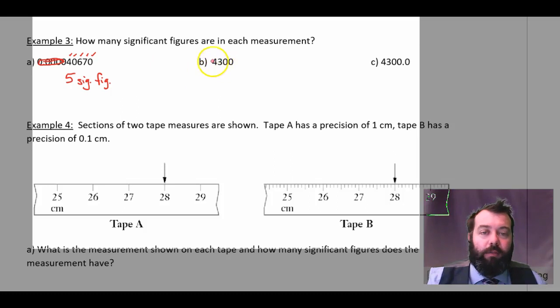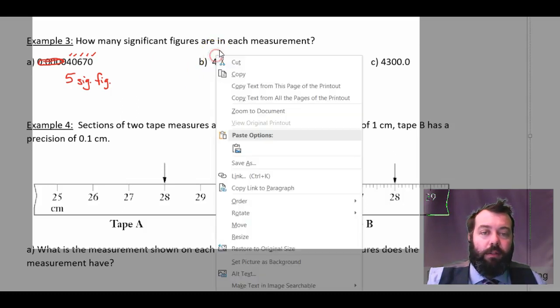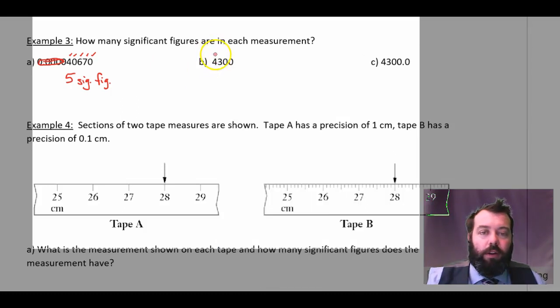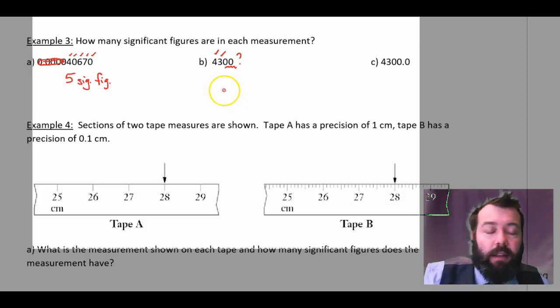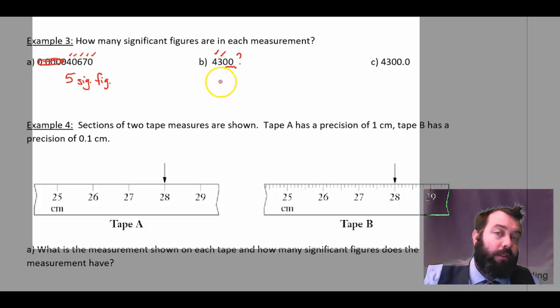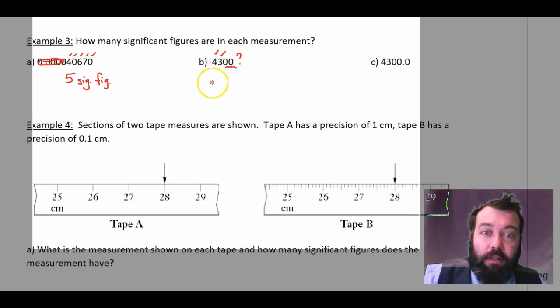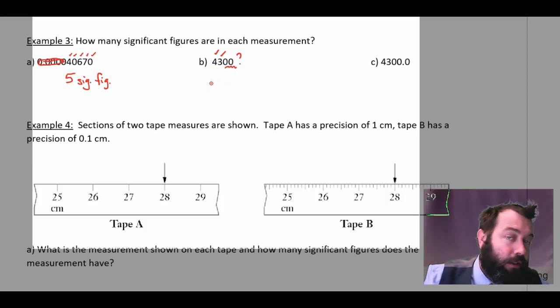Now over here, non-zeros are significant. What about these ones? Well, the thing is we don't know. Has that been rounded off to the nearest whole number? Has it been rounded off to the nearest 10? Nearest 100? Has it been rounded off to the nearest 1,000? No, definitely not. Maybe it's been rounded to the nearest 100. Maybe to the nearest unit.